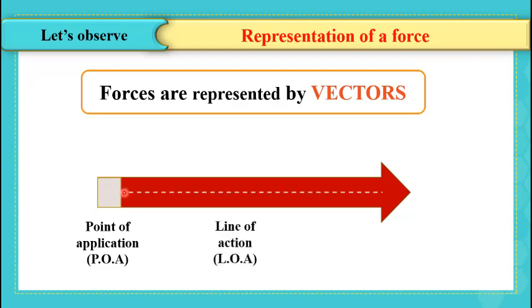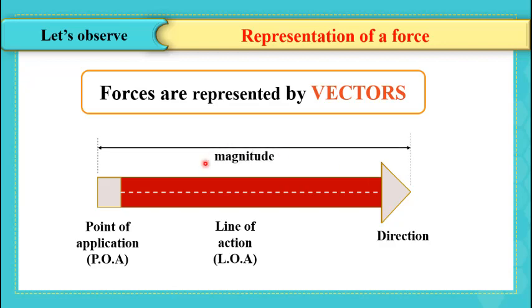The line holding the vector tells us about the line of action of this force. The head of the vector indicates the direction of the force, and the length of the vector from its beginning till the top of its head, measured using a ruler, allows us to calculate the magnitude of a force.